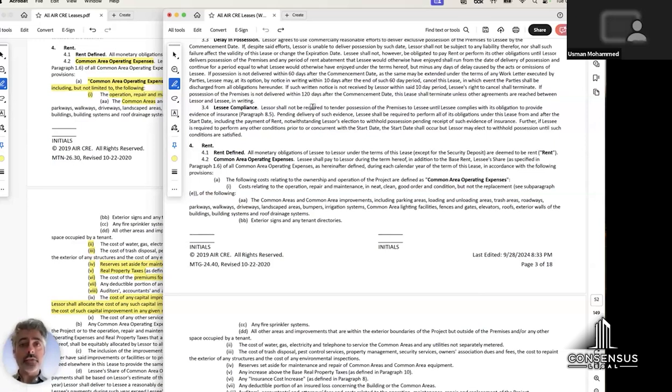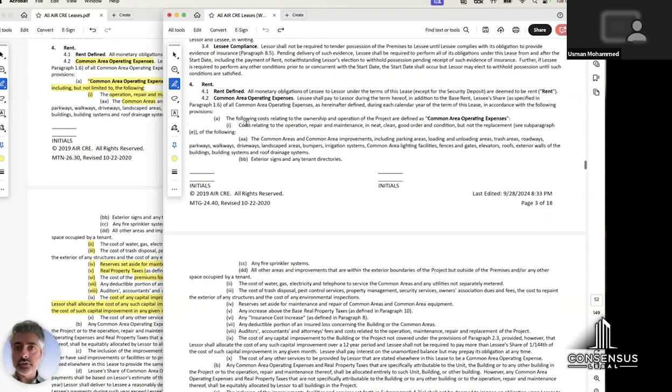With respect to the first bucket, CAMs, under the multi-tenant gross lease, lessee is going to pay all of the CAMs. So there's no base year for the CAMs. It's not an office lease. It's often referred to as an industrial gross lease.